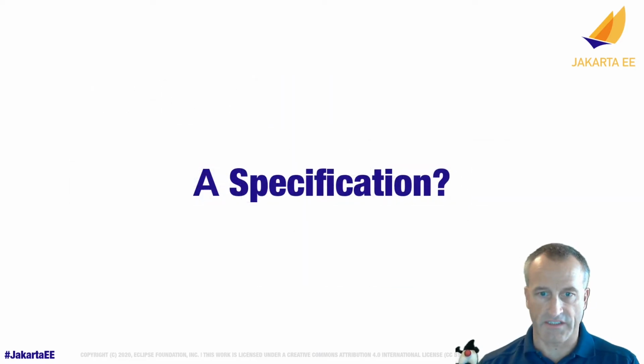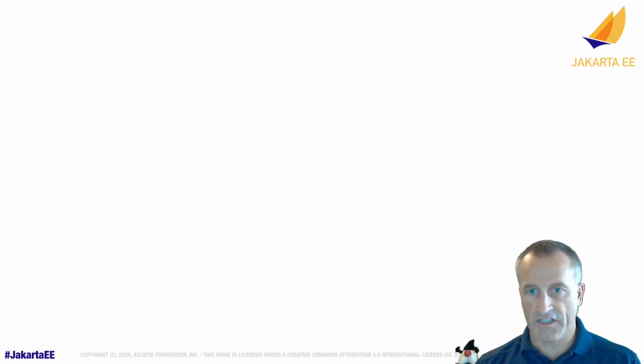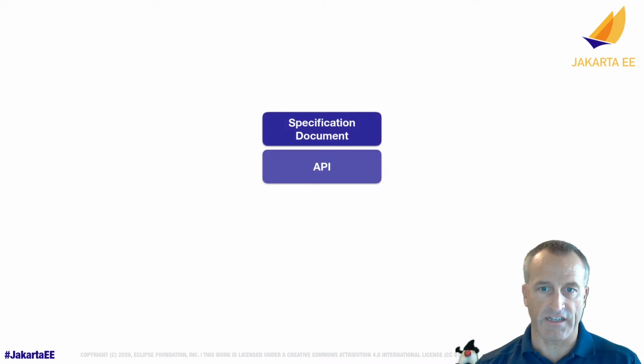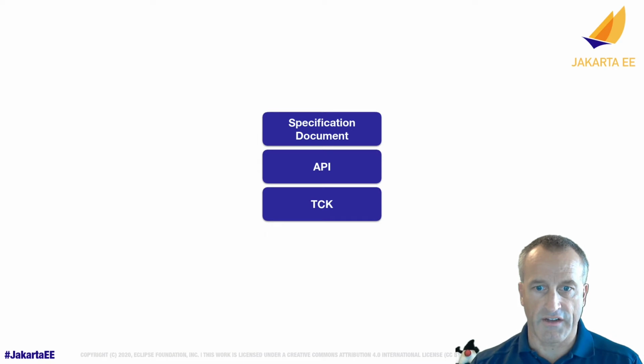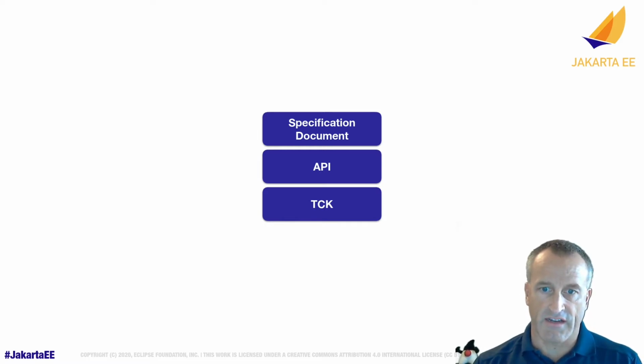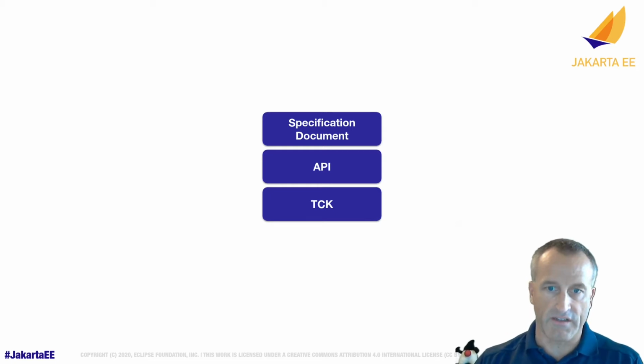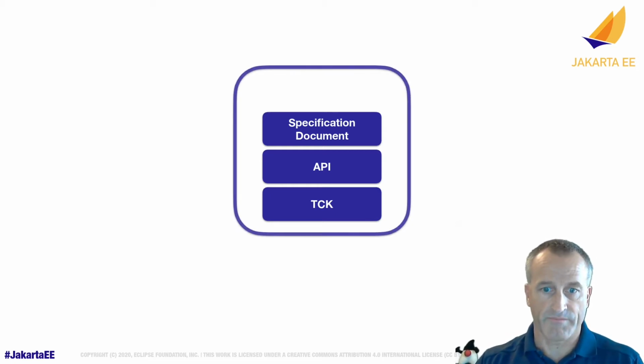So what is a specification then? A Jakarta EE specification is a specification document. It's some sort of API artifact, and it's a test suite, the test compatibility kit. And that is a test suite to test that an implementation actually implements the API that is specified by the specification document.